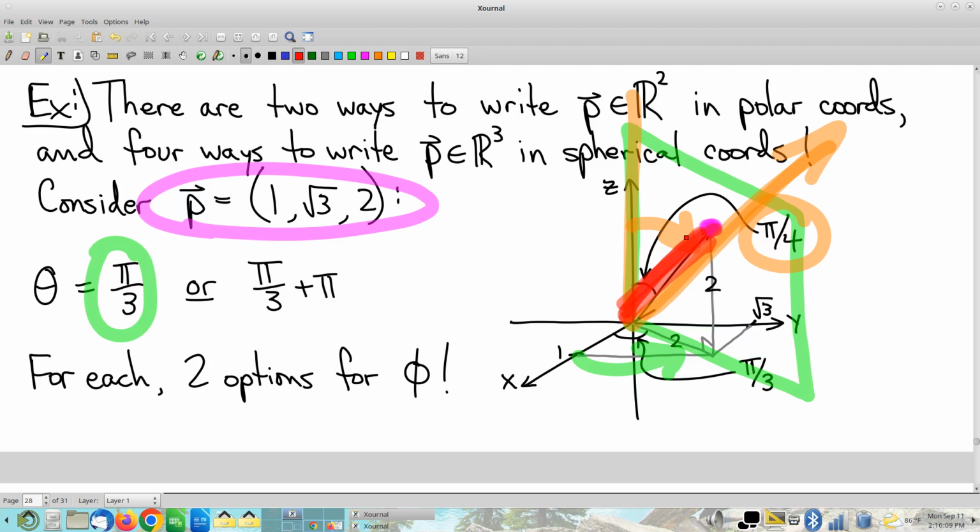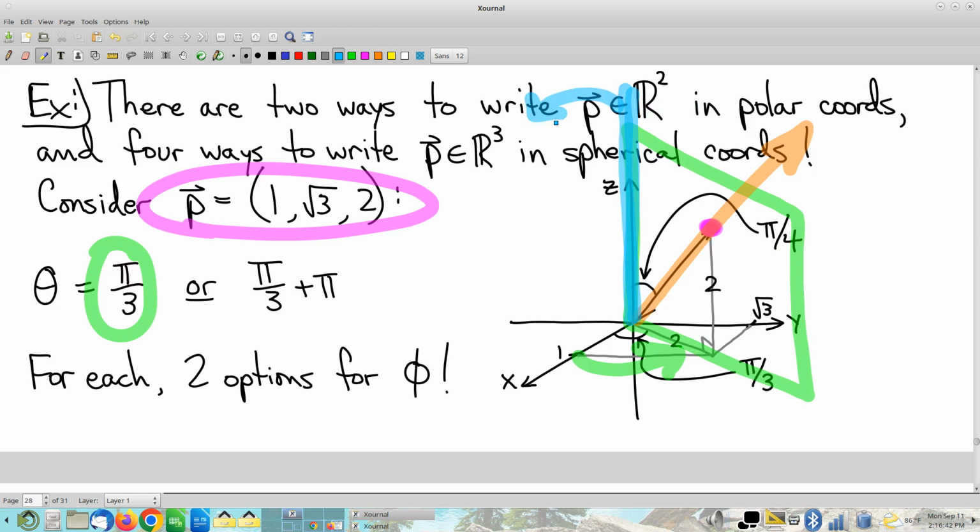And there's another possibility, though. I don't have to have my phi getting me pointed in the right direction. I could have my phi pointing in exactly the wrong direction. Just as a reminder, that's the right direction. But what if phi, again measured off the positive part of the z-axis, and keep in mind positive phi means that way, means that negative phi would go that way.